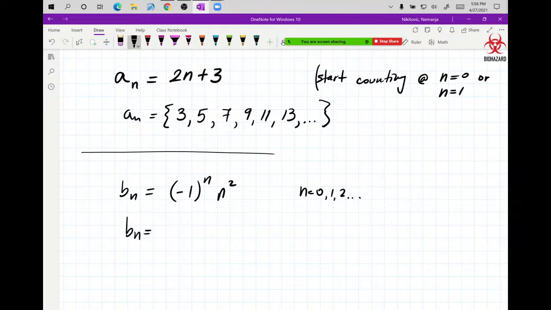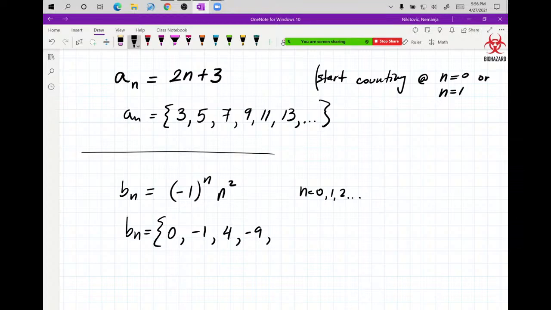So the first term is 0. The next term, when n is equal to 1, you get negative 1. And then when n is equal to 2, you are getting positive 4. 3 squared is 9, and the negative, negative 9.